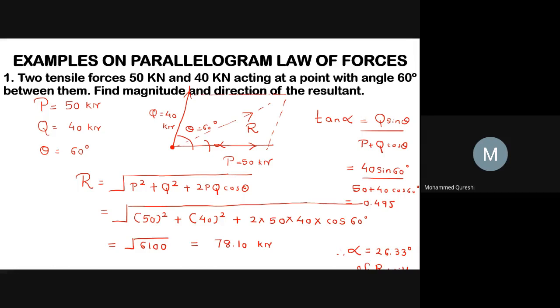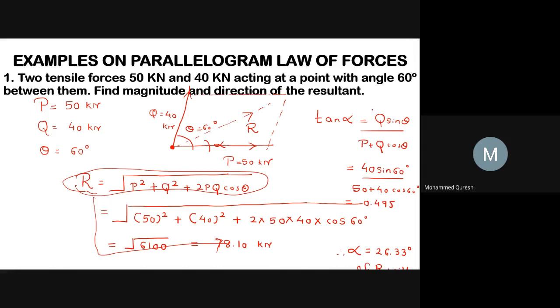There is a simple formula for finding the value of the resultant. Capital R equals under root of P square plus Q square plus 2PQ cos theta. After putting all the values of P, Q and theta in this equation, we get the value of the resultant as 78.10.